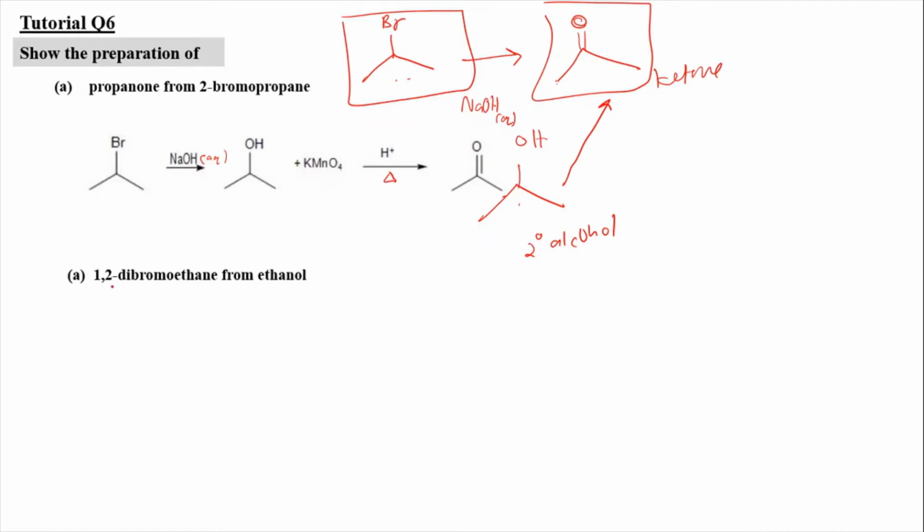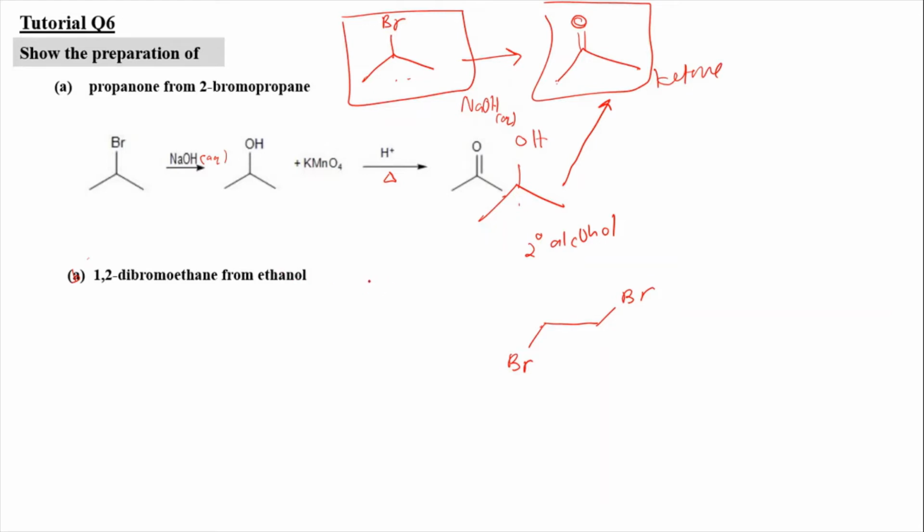Now I'm going to proceed with question 6b. So first I'm going to have 1,2-dibromoethane. So ethane, at carbon number 1 I'm going to have bromine, and at carbon number 2 I'm going to have bromine as well. So they asked me from ethanol.